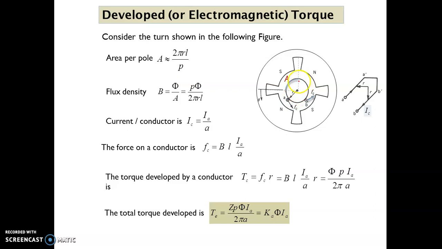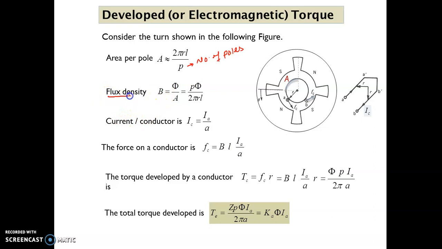If you multiply the radius by 2 pi, 2 pi r, you get the circumference, and suppose the length is L. If you multiply the circumference by the length, it gives you the area. Area per pole is this area divided by P, the number of poles. So area per pole is 2 pi r L by P.